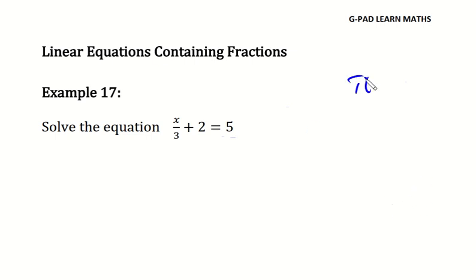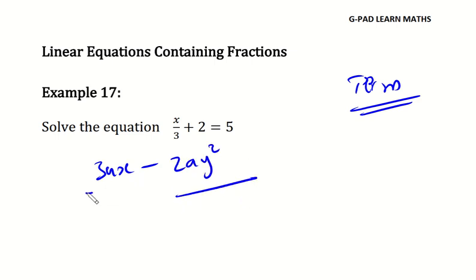Some of you get confused with the word term. This is a term, this is a term, this is a term. So we have 3 terms here. Terms are separated by plus and minus. So for us to eliminate the fraction, we multiply every single term by 3.